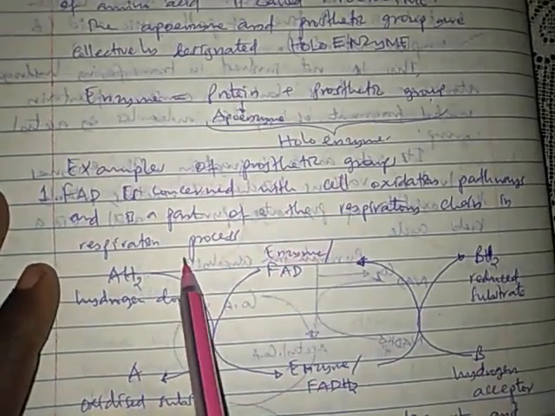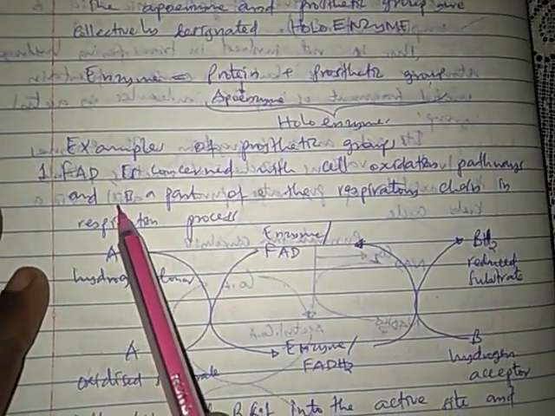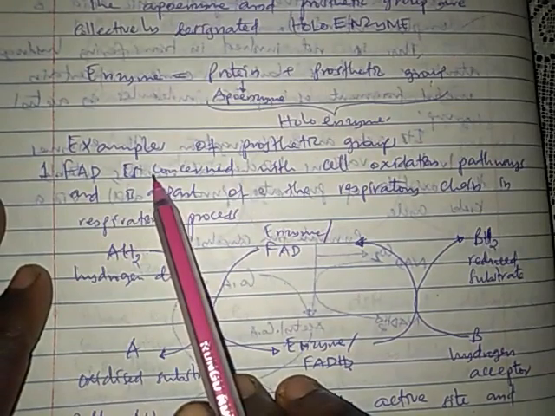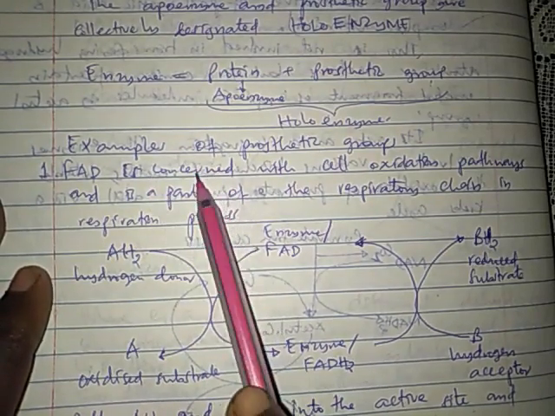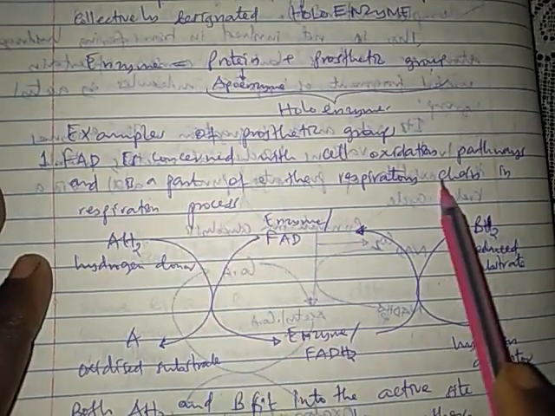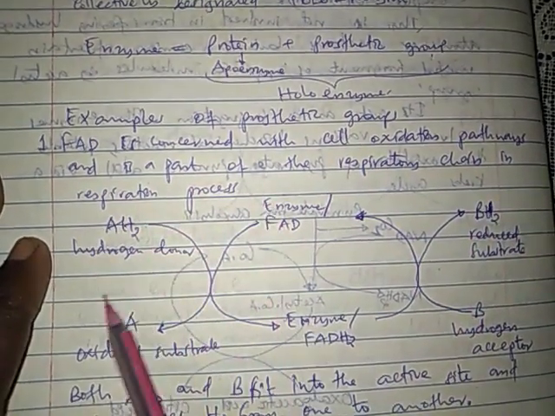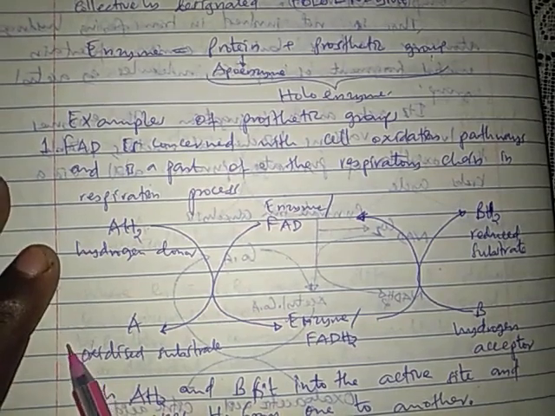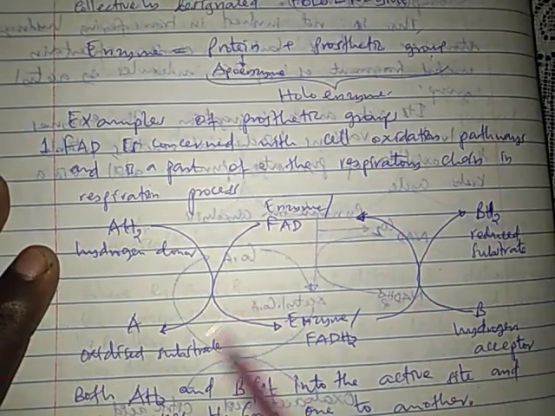So example prosthetic groups, we have FAD. FAD is concerned with the cell oxidation pathway and the part of the respiration chain in the respiration process. So the function of FAD is seen as if it is similar to that of NAD.